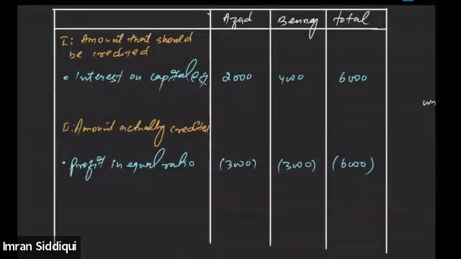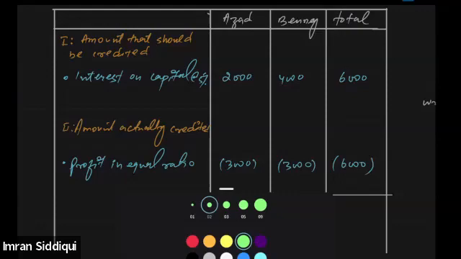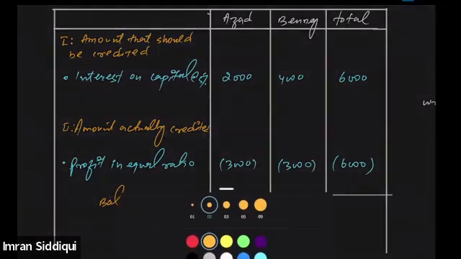Okay, now we'll do the balancing. So the final balancing value will be: Azad's account should have been credited by 2,000, but his account was credited by 3,000.